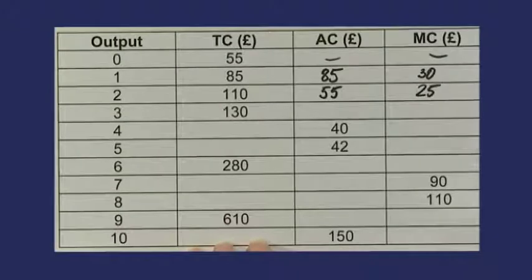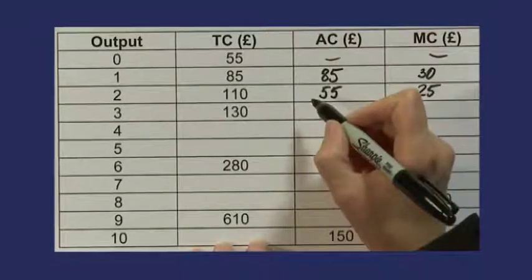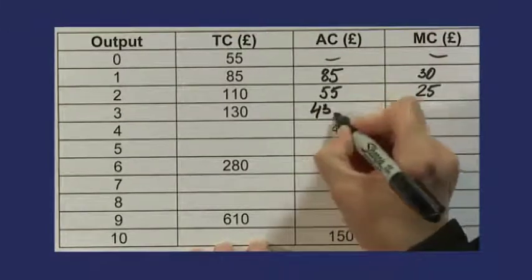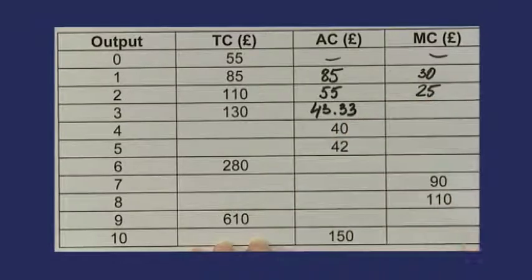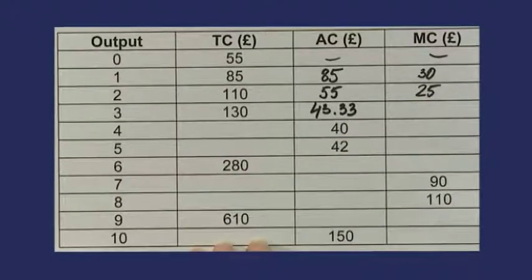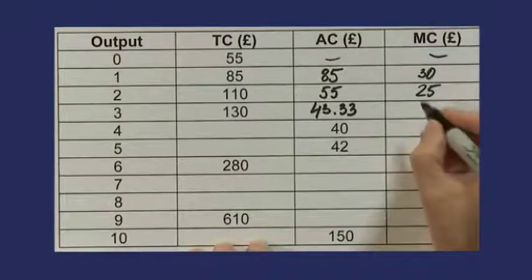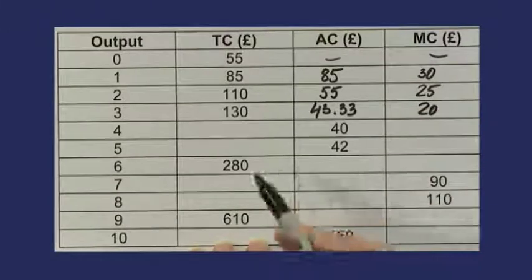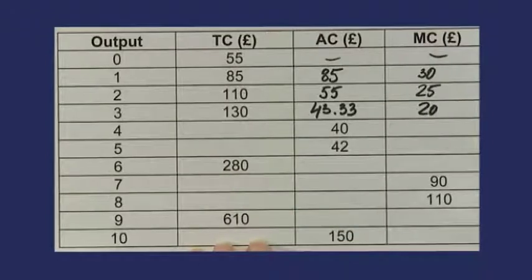Unit number 3, total cost is 130. Average cost in this case will be 43.33, or it would be total cost divided by output, and marginal cost would be 20, the difference between 130 and 110.